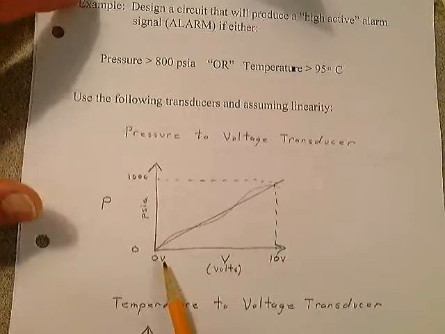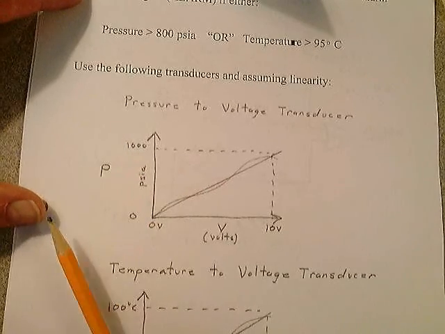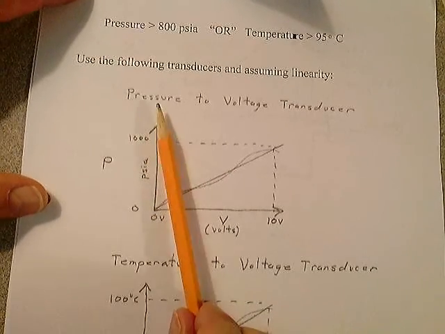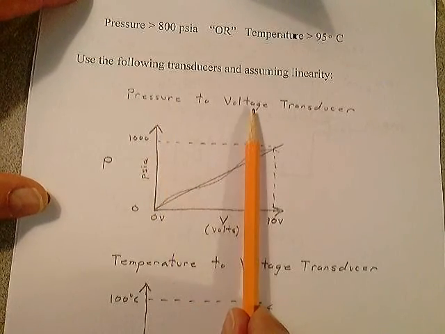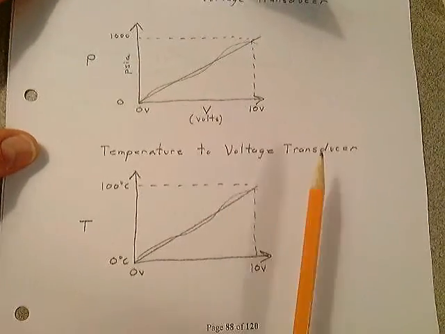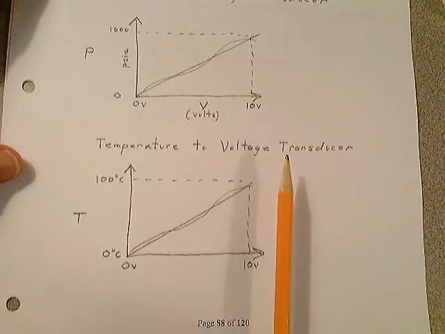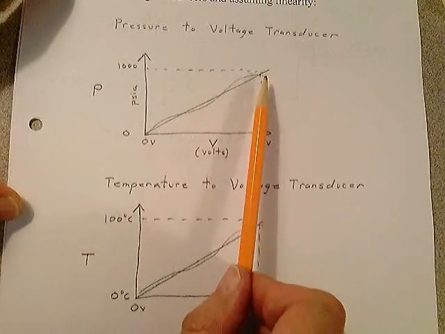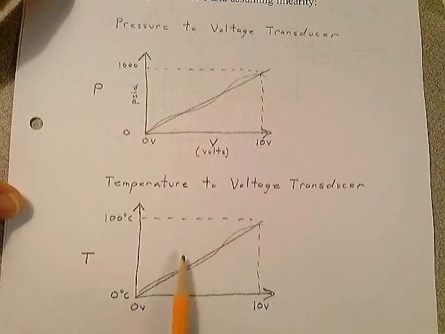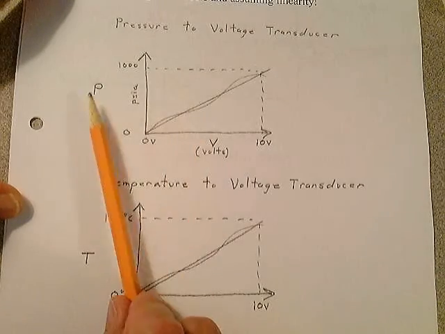But before we design the circuit, we're going to go out and buy two transducers. We're going to buy a pressure to voltage transducer, and we're going to buy a temperature to voltage transducer. We already talked about these devices. They're nonlinear devices. They have a little bit of S shape to them if you take a look at both of these. But up here you have pressure.